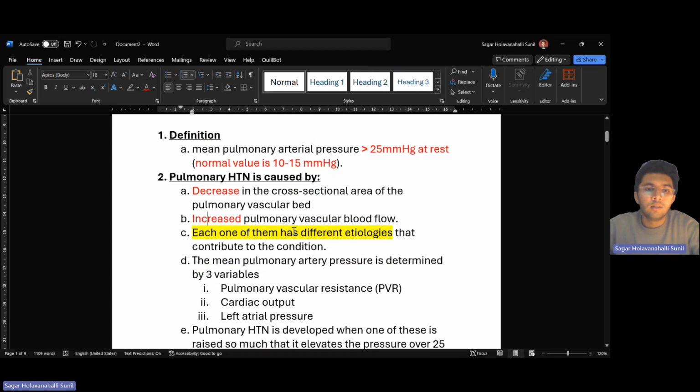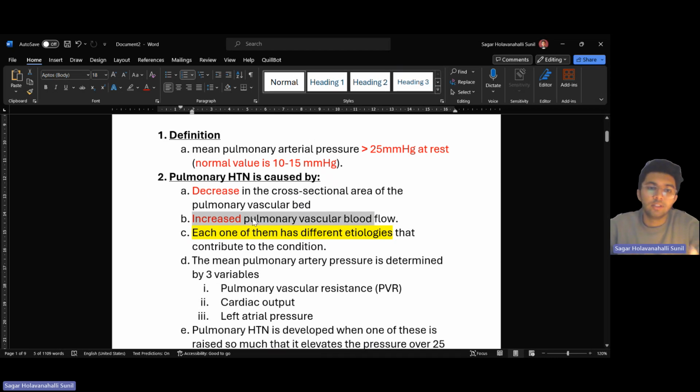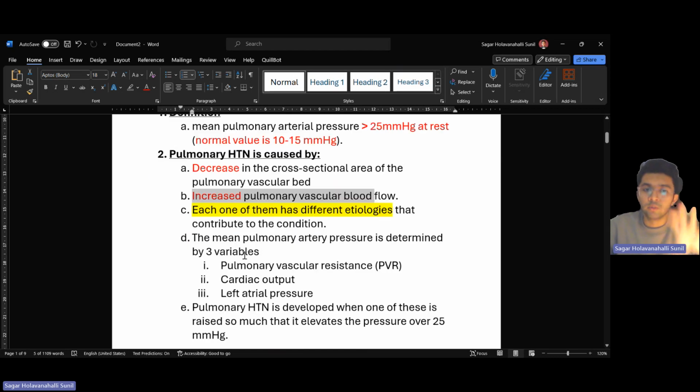Now, again, the decrease in cross-sectional area or the increase in pulmonary vasculature blood flow has various reasons for each one of these. So let's look more into it. To summarize, pulmonary hypertension can be predominantly caused by a decrease in cross-sectional area or an increase in pulmonary vascular blood flow.